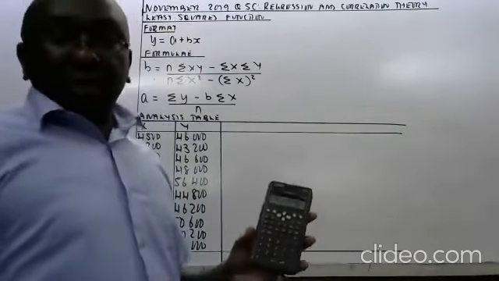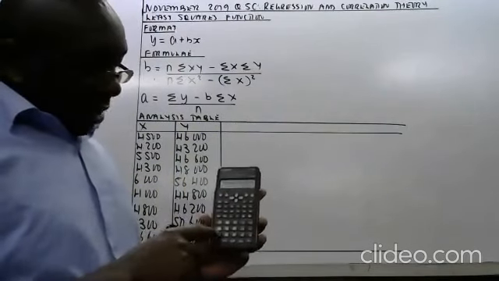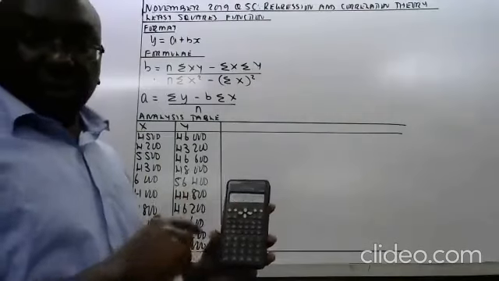Then for you to get the totals, I told you you press Shift, button number 1, and after the values, totals.